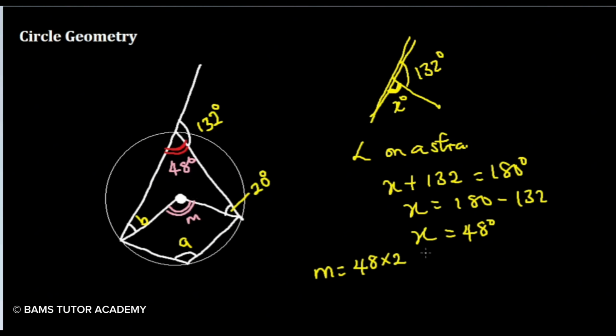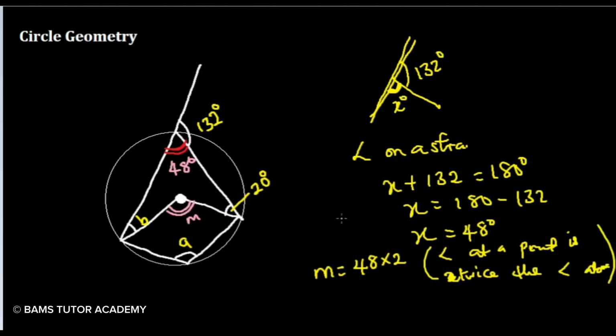That's the word. An angle at a point is actually twice the angle above it, which means that M will be what? 2 times 48, that's 96. So this point here will be 96.